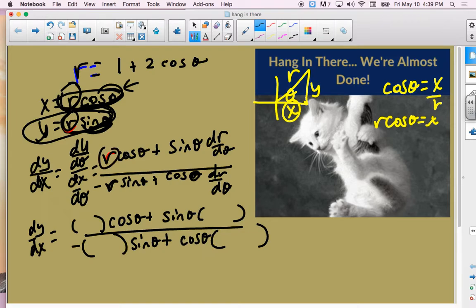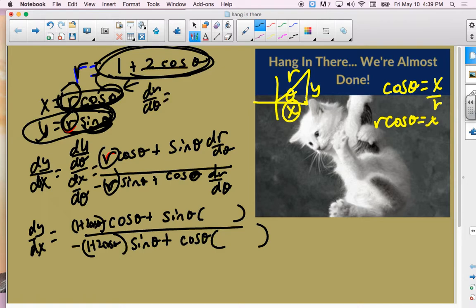These r's can be subbed in with your radius, 1 plus 2 cosine theta. And from this, I can find dr d theta. The derivative of 1 is 0, the derivative of this is negative 2 sine theta. So dr d theta is negative 2 sine theta.